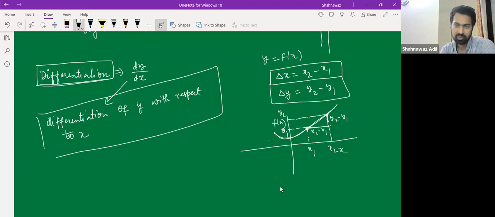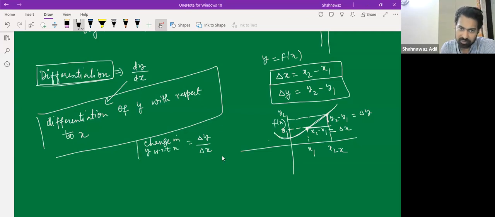If I calculate the ratio, this is called delta y and this is called delta x. So delta y by delta x is the change in y with respect to x. Is that clear, guys?